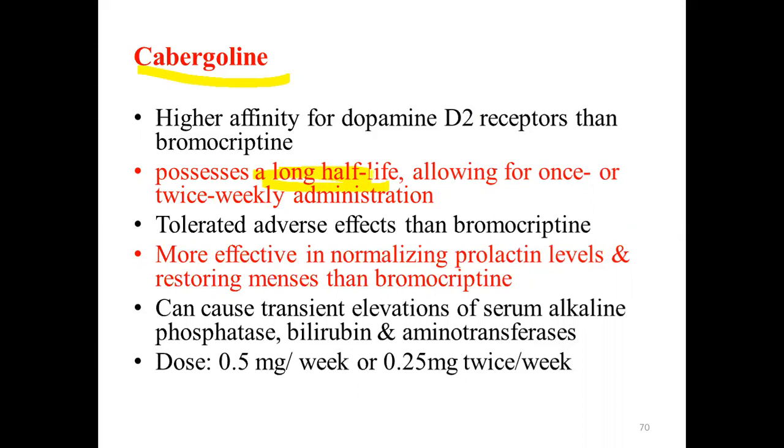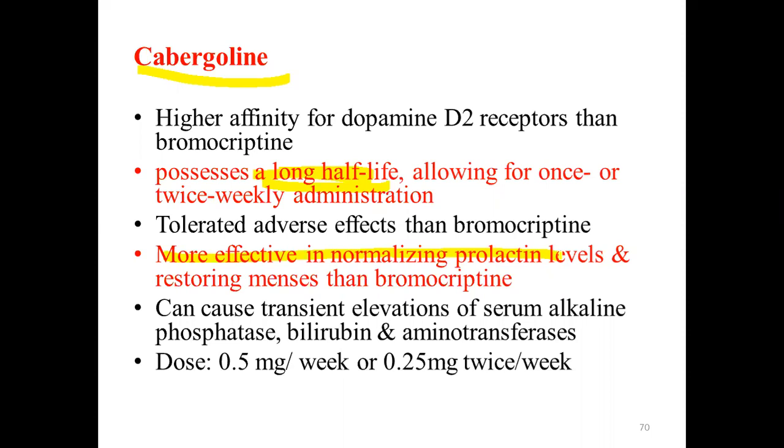The ADR profile is also better tolerated compared to other classes of drugs. That is the beauty, and because of this, it is more effective in normalizing prolactin level. That is the special advantage of this class compared to bromocriptine.